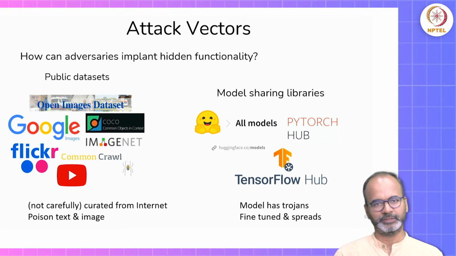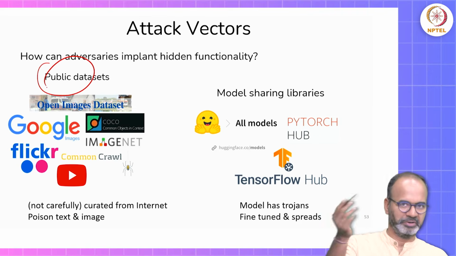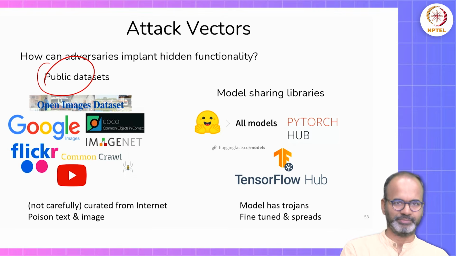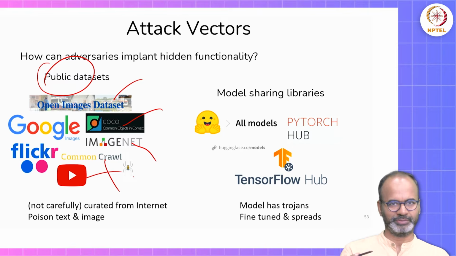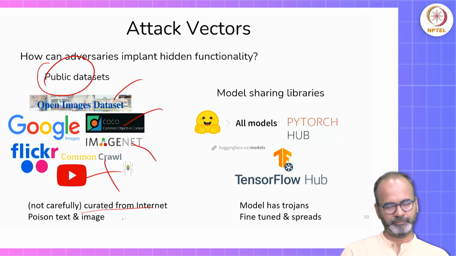Here are the ways by which the malicious functionality gets into the models. It could be from public data sets. If you are doing some projects, you take some data sets publicly and add them to your project. It could be the case that the publicly available data set had a Trojan in it, right? The data sets are not curated carefully, so the Trojans are there somewhere.